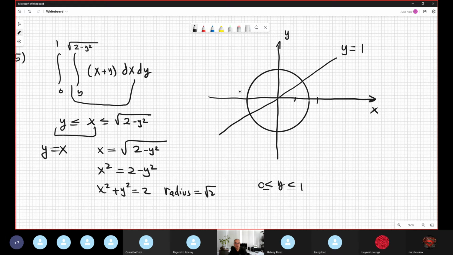And also, let me try to identify my region. I need to identify it. So the guy who set out this integral, let's do it in the x direction first, and go from the line to the circle. I suppose this direction. But let me do it again, using blue color.